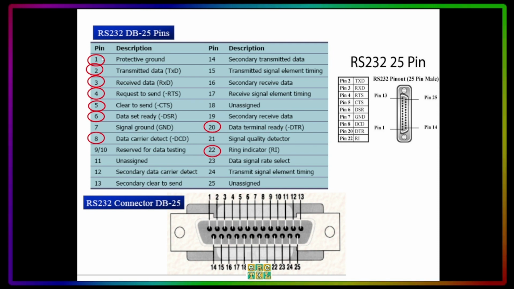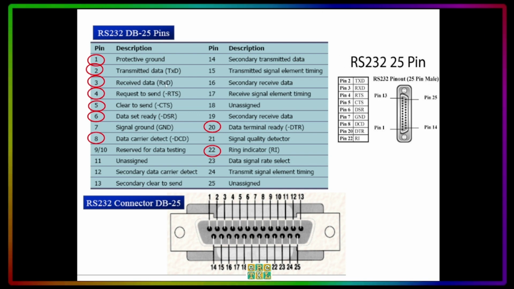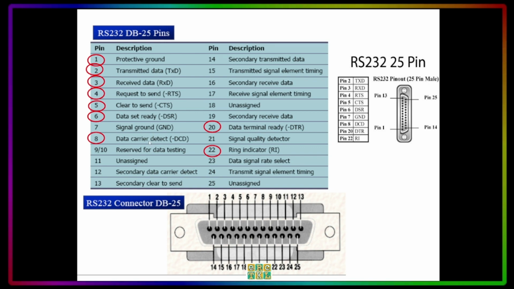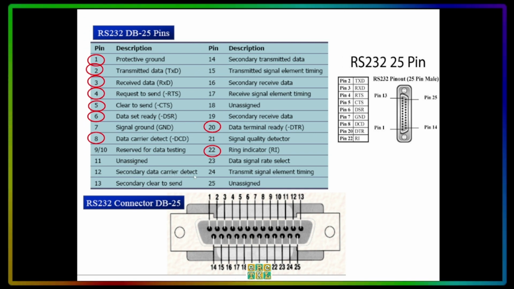We have number 1, protective ground, transmitted data, received data, request to send, clear to send, data set ready. We also have here the data carrier detect. Of course, we have the signal ground here. We have 9 or 10 reserved for data testing, 11 unassigned, 12 is secondary data carrier detect, 13 is secondary clear to send, and so on down to number 25.